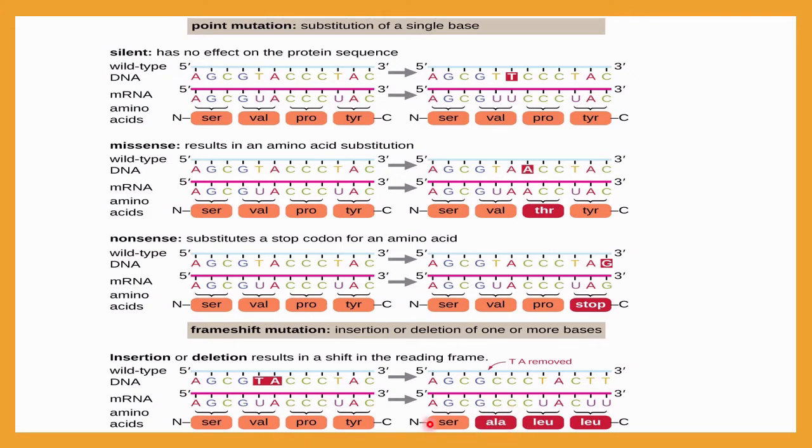So valine is replaced with alanine just because of the change in the genotype. TA is totally removed, that's why the frame is changed. Any frame has three nitrogen bases together, but here TA is removed, so now it is read as GCC instead of GUA, and such a thing is called frameshift mutation.